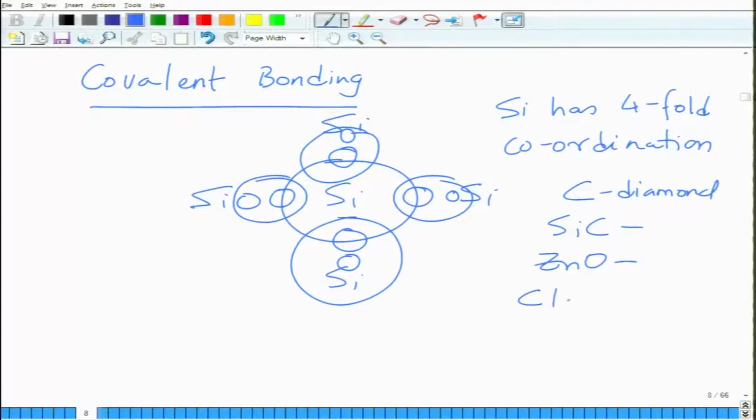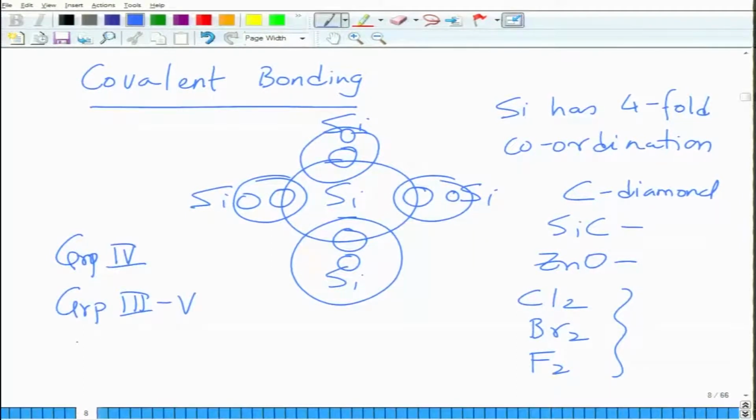Gases such as Cl2, Br2, F2, all of them tend to be covalently bonded. Group 4 elements, group 3-5 semiconductors and group 2-6 semiconductors tend to have very strong covalent character.